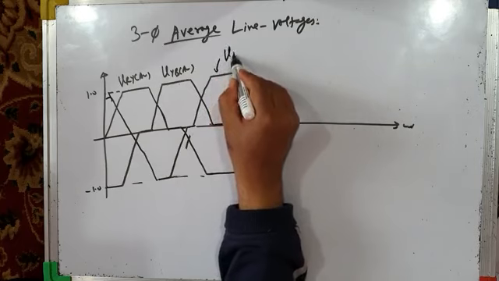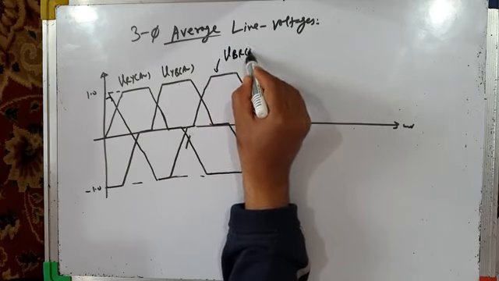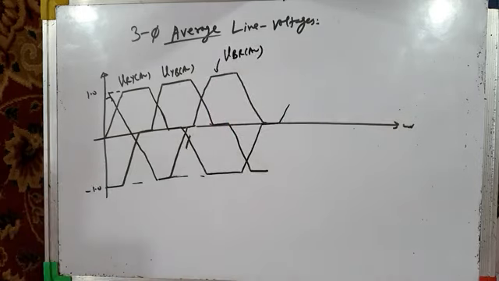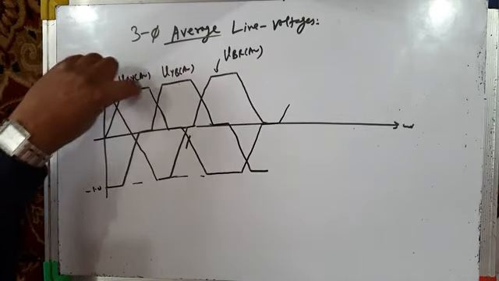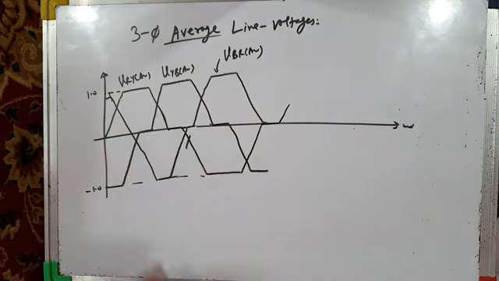This is average line voltage VBR average. So these are three-phase line voltages, VRY average, VYB average, VBR average. You can see the line voltages are having maximum value 1 for a fairly longer period. So therefore, if you find their RMS value, the RMS value of fundamental component of these line voltages will be fairly high. Okay, so that means inverter output voltage will further increase because of more over-modulation, because of M equal to 2.